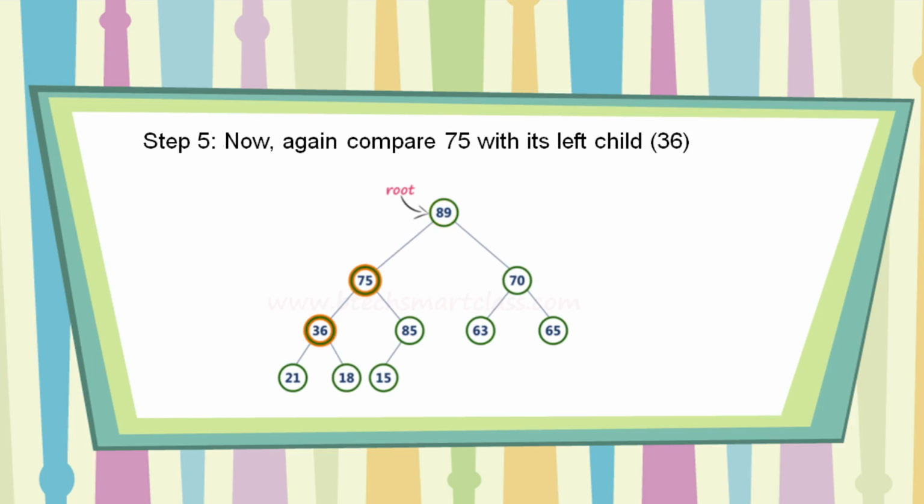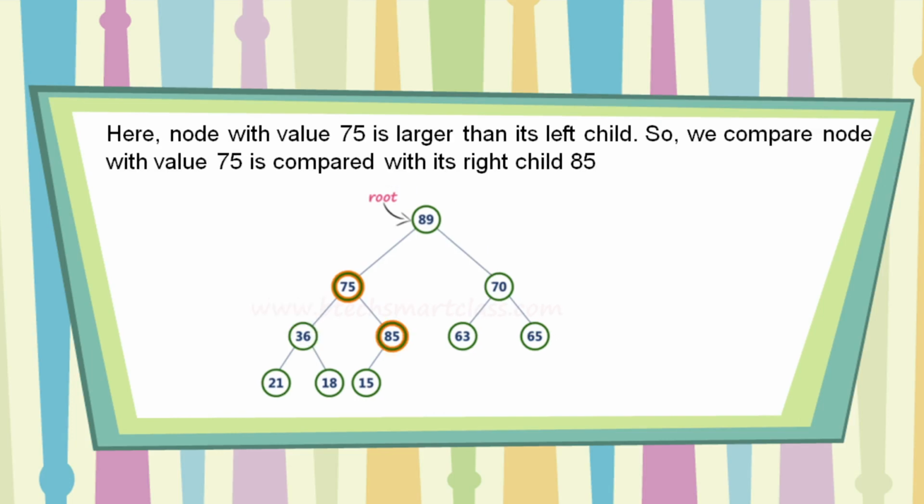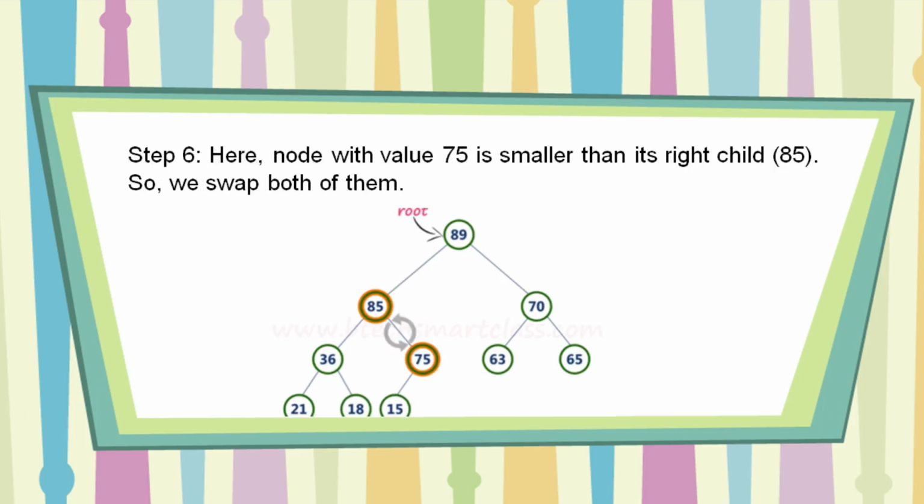Now again compare the 75 with its left child. Now the left child is 36. And again we have to compare it with its right sibling, and the right child is 85. 75 is larger than its left child, so we compare the node 75 with its right child, that is 85.